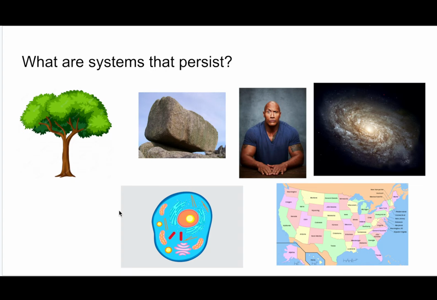Here are some examples of systems that persist: a tree, a rock, a galaxy, a cell, or the United States, or the states within the United States. This is hinting at the multi-scale affordance that the free energy principle provides for modeling nested systems, where there is a particular boundary that distinguishes systems at each level of organization.